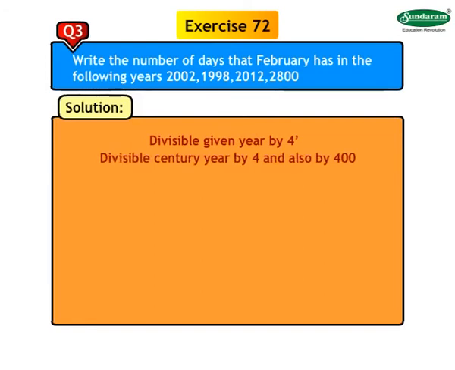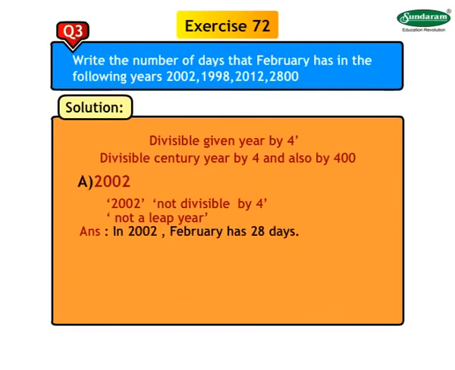Let us take the figures of years one by one. A. 2002 is not divisible by 4. Hence, in the year 2002, February has 28 days. B. 1998 is not divisible by 4.